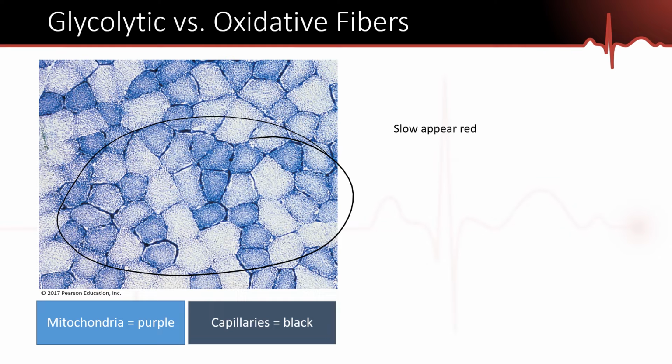Some of the muscle fibers would show up as darker, some of them would show up as lighter, some of them would kind of show up as in between. And what you would actually be looking at is different muscle fiber types, as they're called.